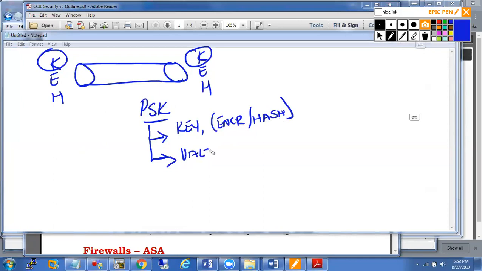What do I mean by validation of my peer? It is basically making sure I'm talking to a device that is a trusted device. Why? They're using the same key that I am. Okay, that's the purpose of the pre-shared key, to provide the keying mechanism for encryption and hash for phase 1, as well as the validation that I'm talking to the right guy. Everybody okay with that? This is done by that key that we've been using. Cisco 123 is the key for this particular address.